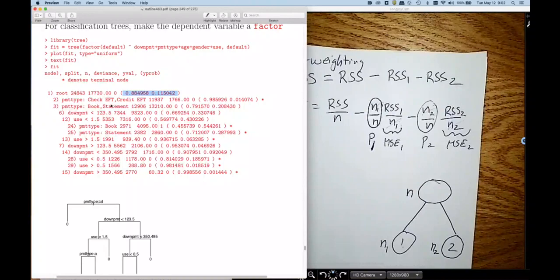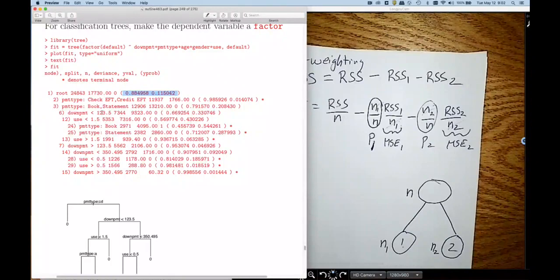And what we find is that we want to split on payment type. By the way, this is how you handle categorical predictors in a tree. It puts 2 of the values for payment type, checking EFT and credit EFT, on one node, and then it puts the other 2 values on the right-hand side.